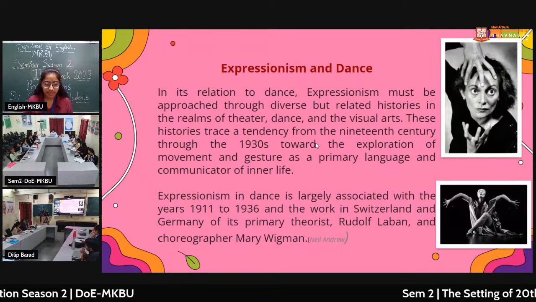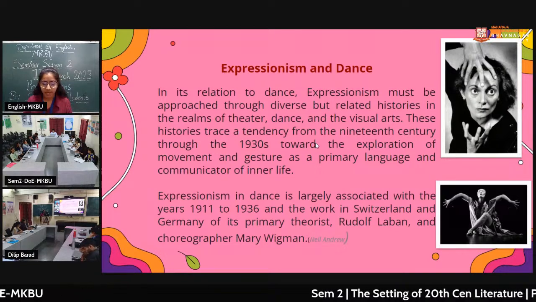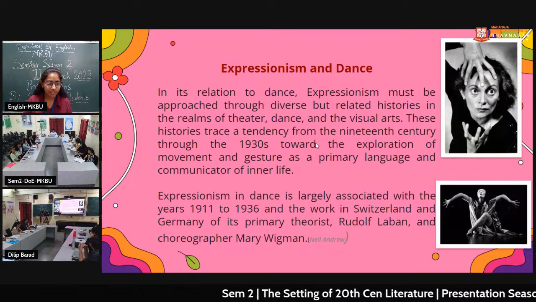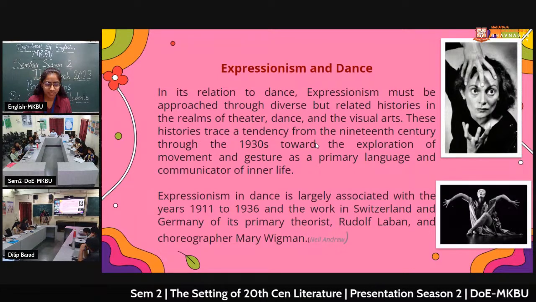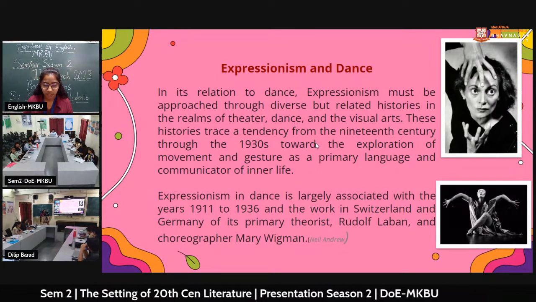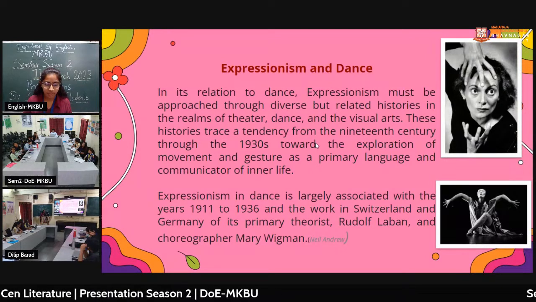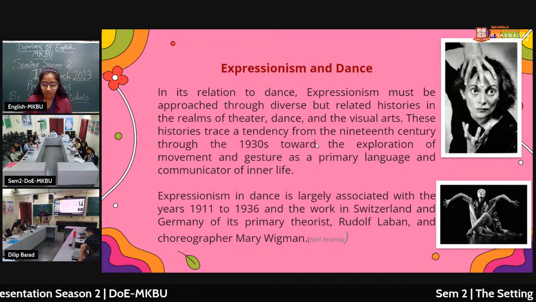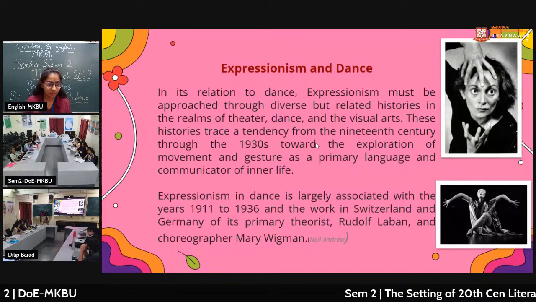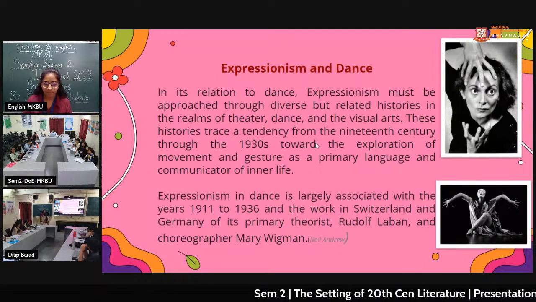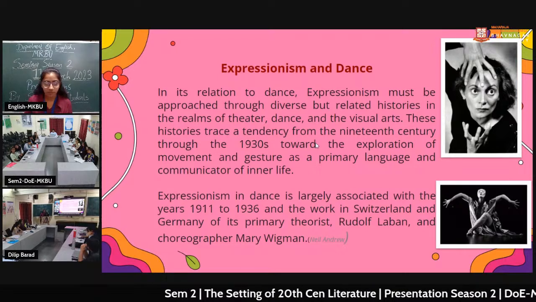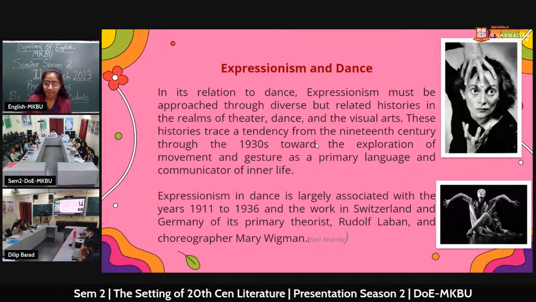Expressionism in dance is largely associated with the years 1911 to 1936 and the work in Switzerland and Germany of its primary theorist Rudolf Laban and choreographer Mary Wigman. Those are pictures of choreographer Mary Wigman.